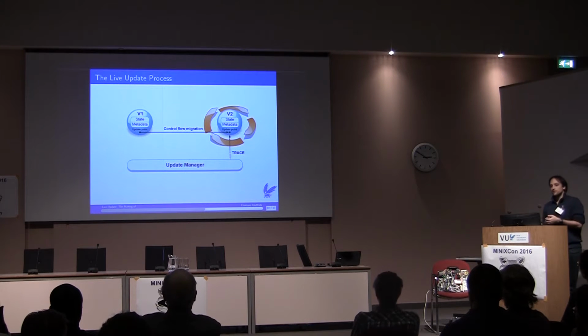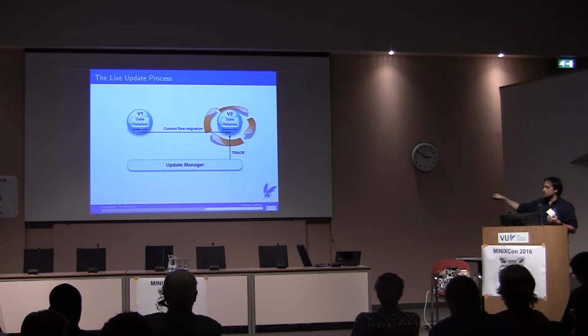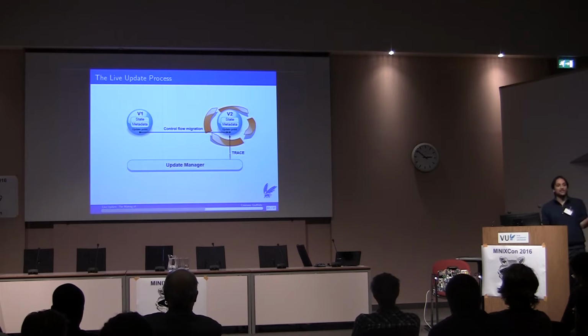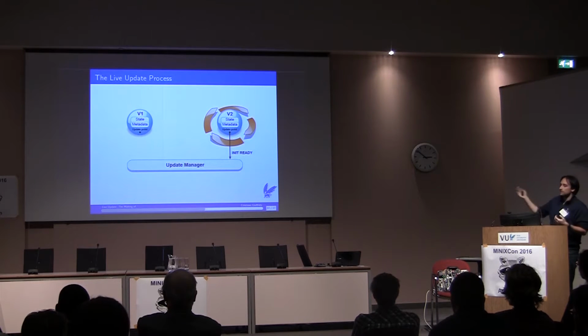So when the state migration phase is over, the state of process version 2 is finally reinitialized from its old version, and we can perform what we call control flow migration, essentially allowing the execution to flow from the update point in the old version to its update point counterpart, which is again the top of the loop in process version 2.